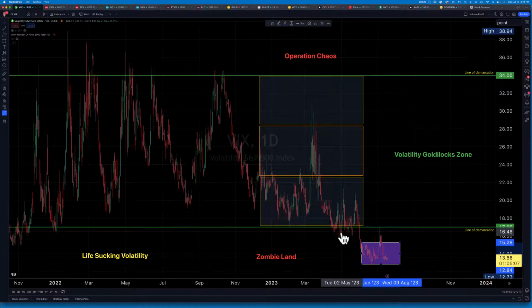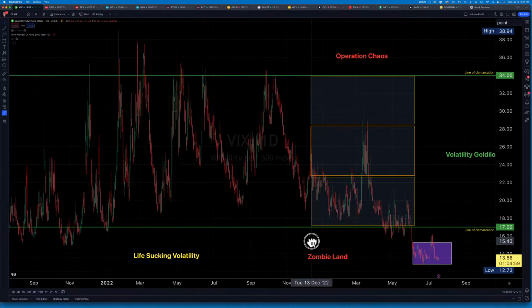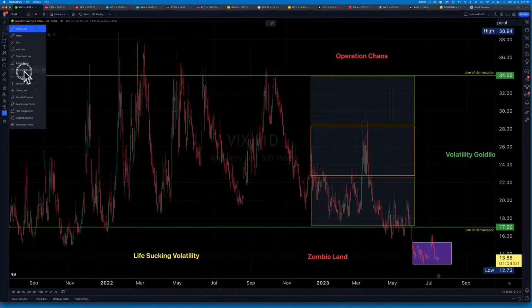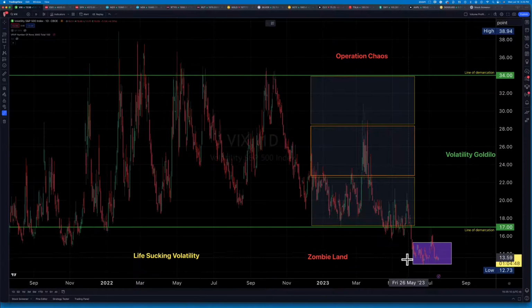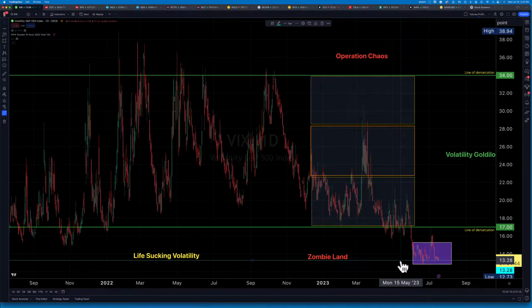Now you can clearly see that over the past year and a half, volatility is actually lower than it's been in a long time. Actually, you'd have to go back. If you looked at the lows here, let's draw a horizontal line so that you can really see just how low that is. I'll just plop a line in here on where we are right now.